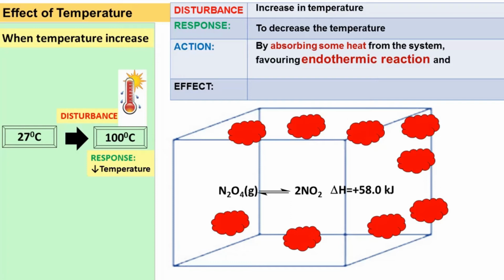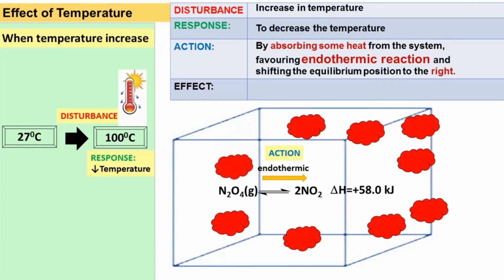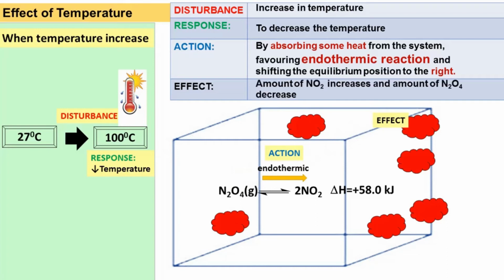Hence, the endothermic reaction is favored by the system, and the equilibrium position shifts to the right. This will result in more nitrogen dioxide being produced and the amount of dinitrogen tetroxide decreasing in the new equilibrium.